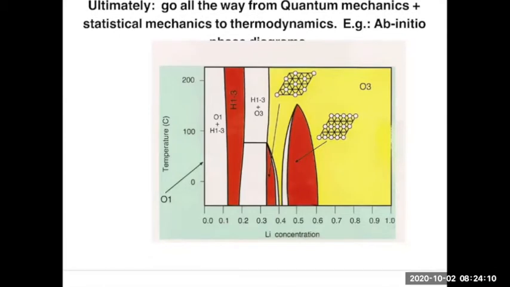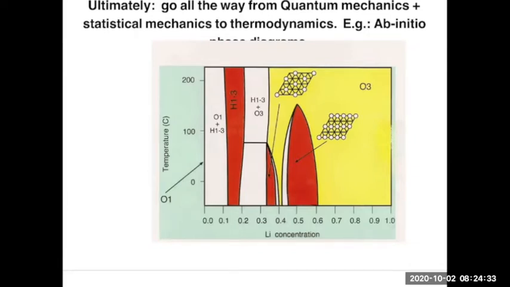And this is sort of my original field, that through statistical mechanics, you can actually link quantum mechanics, which allows you to get information about systems, as they call it, ab initio, without any input except the atomic numbers. You can connect now quantum mechanics all the way to thermodynamics.